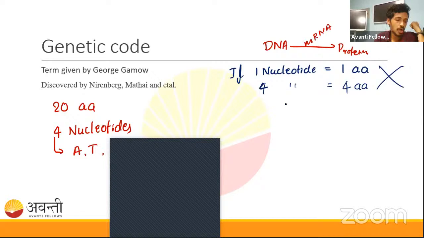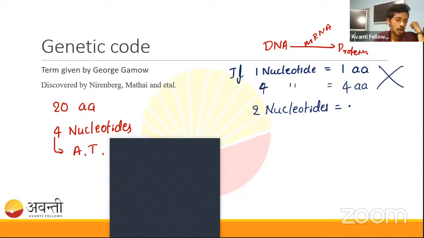Then what he started doing was thinking about the second chance. The second chance means thinking about two nucleotides together. Can you tell me, if two nucleotides code, how many amino acids can it code for?